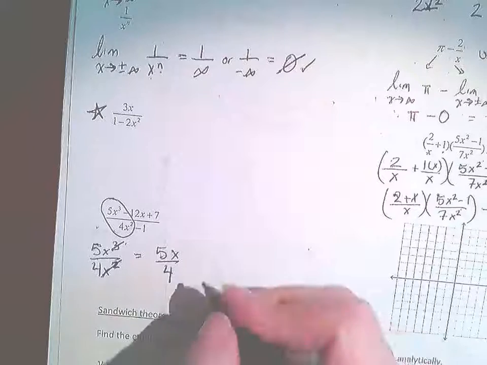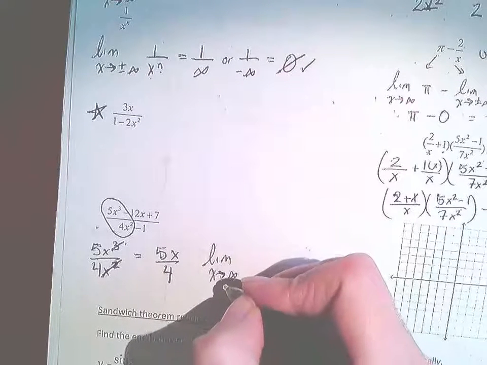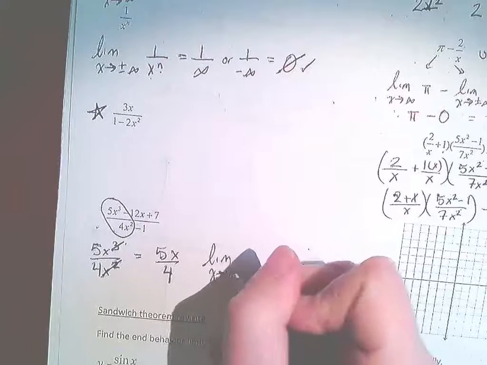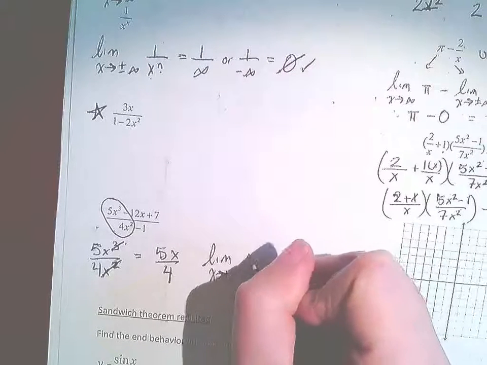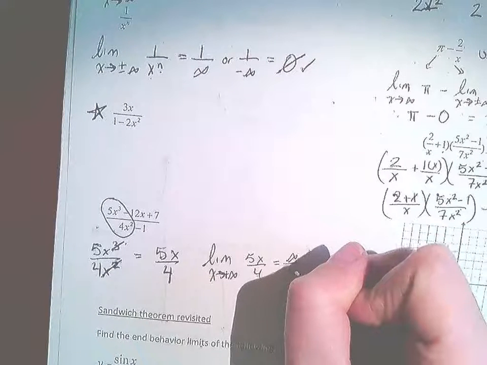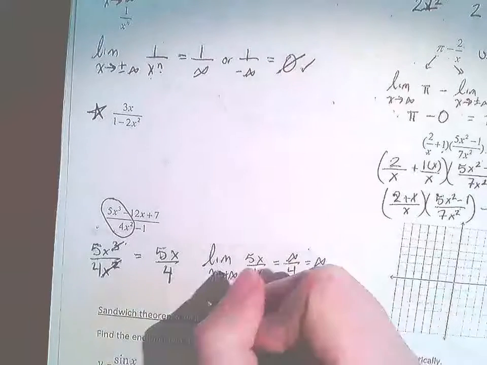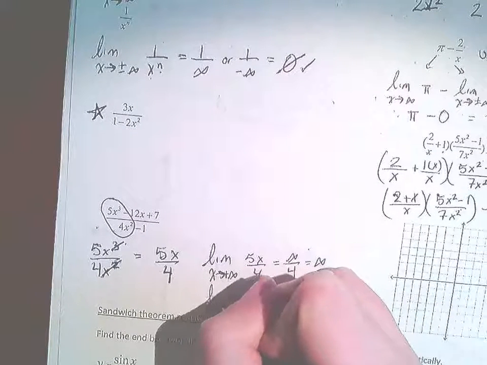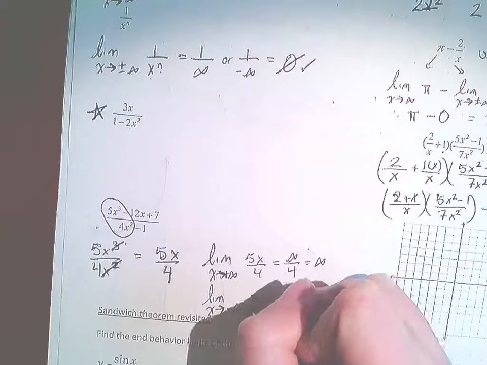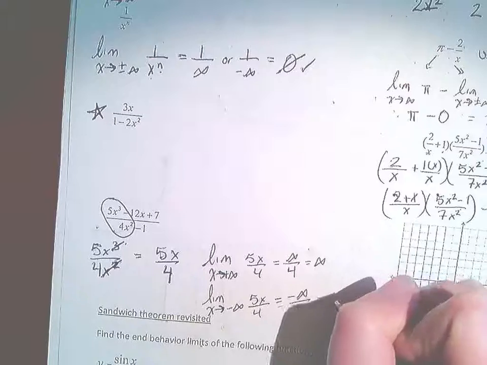And so the limit as x approaches positive infinity of 5x over 4 is actually going to be infinity divided by 4, which is just positive infinity. But the limit as x approaches negative infinity of 5x over 4 is negative infinity over 4, which is negative infinity.